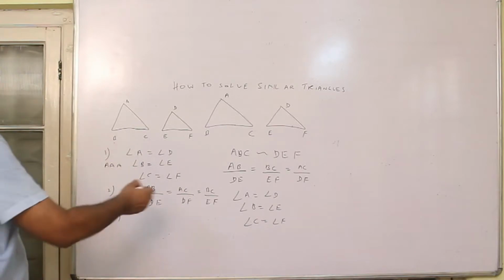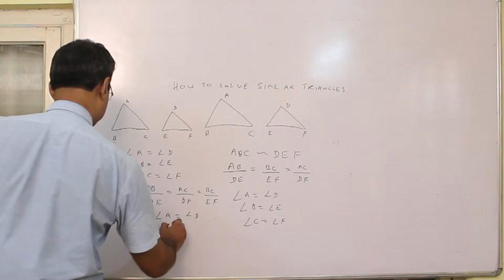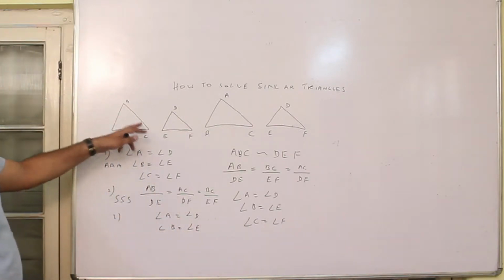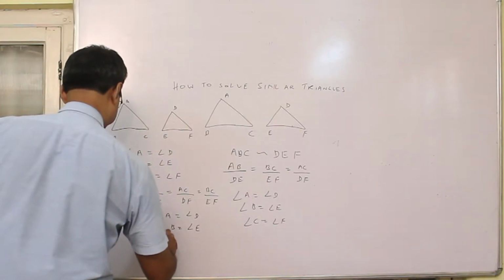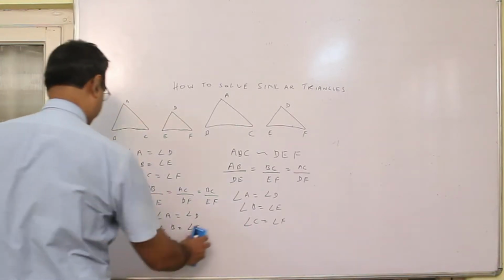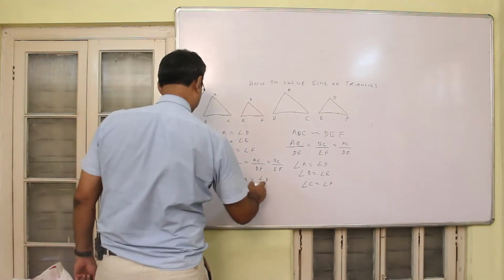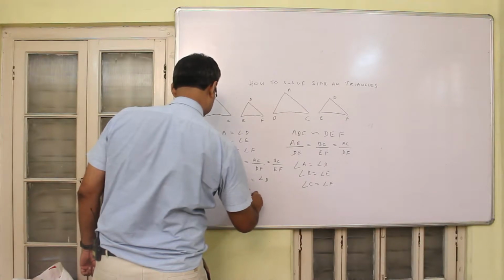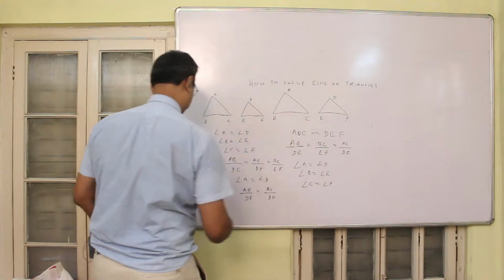The third way of proving similarity is you take any one pair of angles, for example angle A equal to angle D, and in addition you prove that the adjacent sides, or the arms of the angle, are proportional.